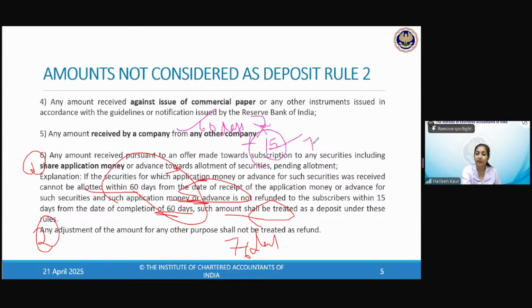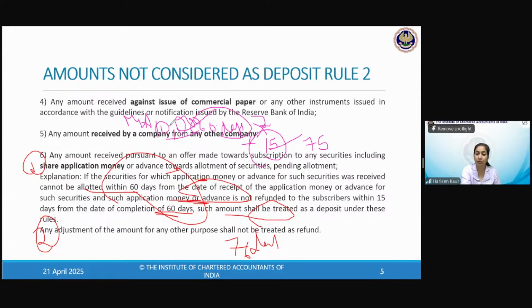75 days. Now, from the 76th day, say for example, you have received from Mr. A, a shareholder who is trying to take up the shares in your company, share application money of rupees 10,000. He was to be allotted the securities in 60 days, but he was not allotted. Neither was his 10,000 returned in 15 days.